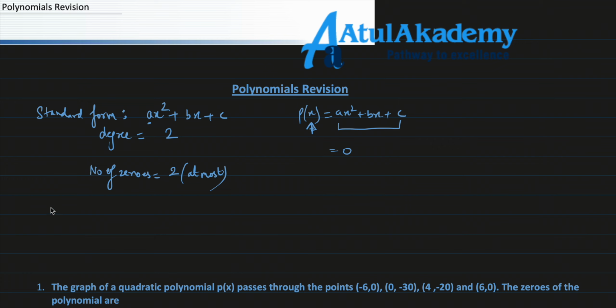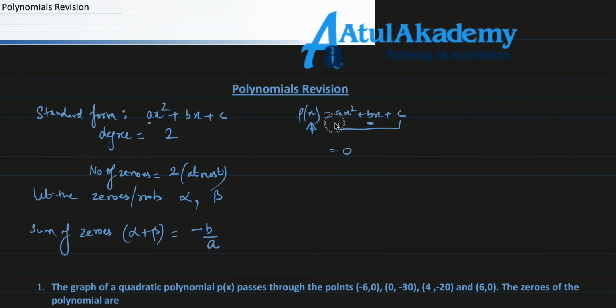Now let us talk about the relationship that we have. Let the zeros, also called roots, of the polynomial be alpha and beta. Sum of zeros, which is alpha plus beta, is given by minus b by a. b is the coefficient of x and a is the coefficient of x square.